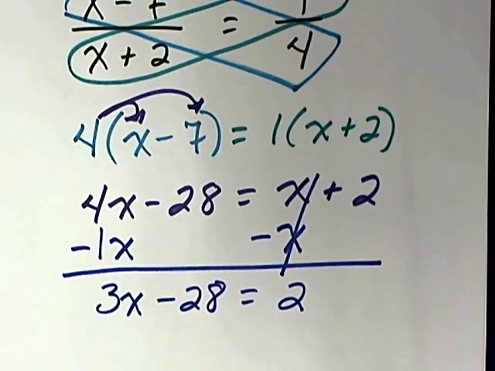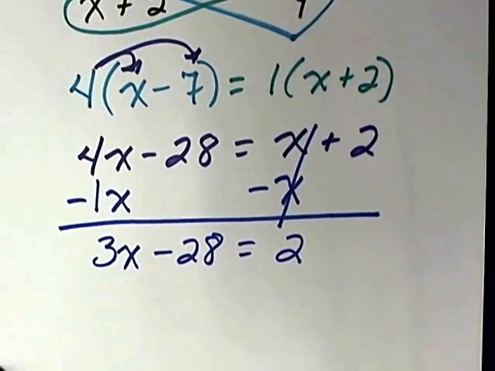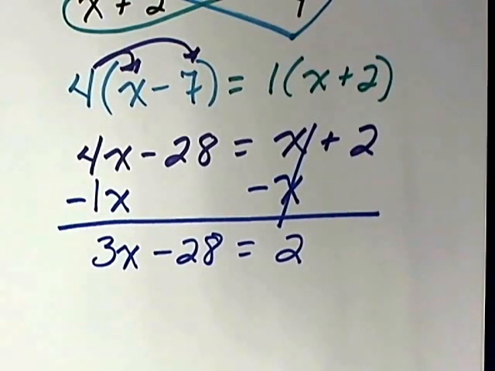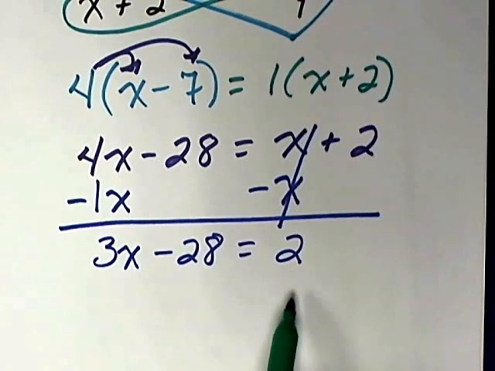The next step is to move the constant terms together. Now remember, if you move it from one side of the equal sign to the other side, you've got to switch signs when moving terms. Terms are the stuff being added or subtracted. I need to move this 28 because it's like the 2. Neither one of them has a variable.